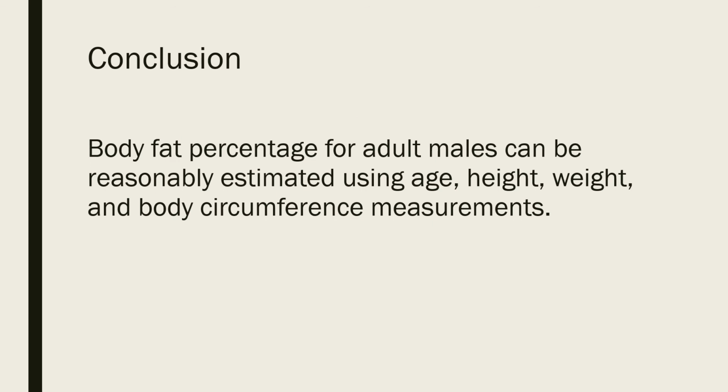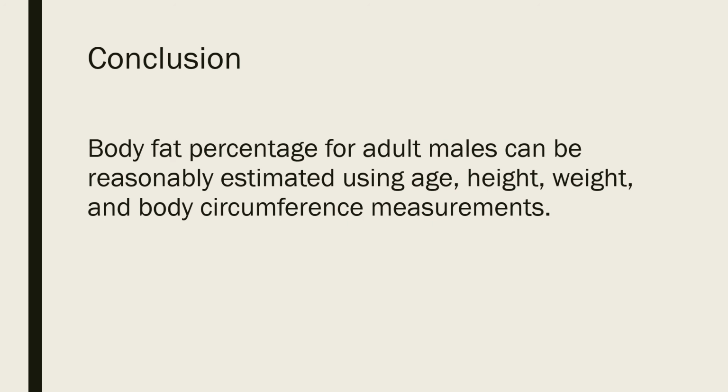So in conclusion, we did find that body fat percentage for adult males can be reasonably estimated using just things like height, age, weight, and body circumference measurements. And this method explains a lot of the variation. If we use the factors and we keep the 3 factors, we're explaining about 80% of the variation in the data.